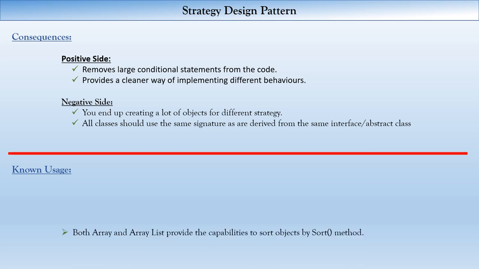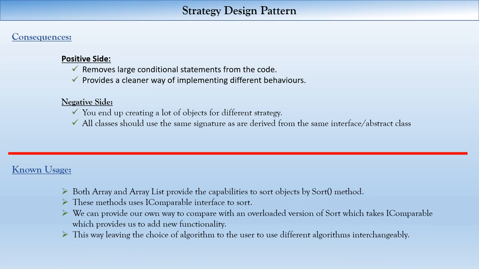Let us now see a scenario where Microsoft has used the strategy pattern. Both array and array list provide the capabilities to store objects and sort them by the sort method. These methods use the iComparable interface to sort. Now we can provide our own way also to compare with an overloaded version of sort, which takes an iComparer object, which allows us to add new functionality.